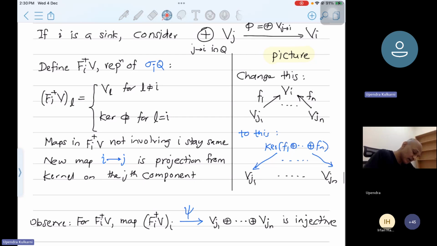What does it mean now to take Fi minus of this? What is the definition of Fi minus? The definition of Fi minus says take the vector space at I, look at all of its neighbors, take their direct sum, and take the map from this to the direct sum and take the co-kernel. Okay, so let's examine that.